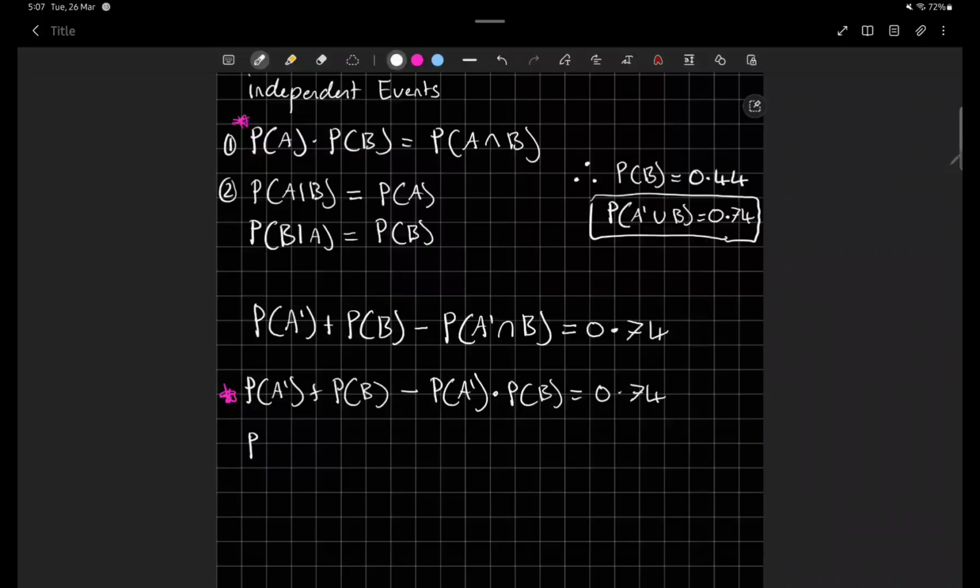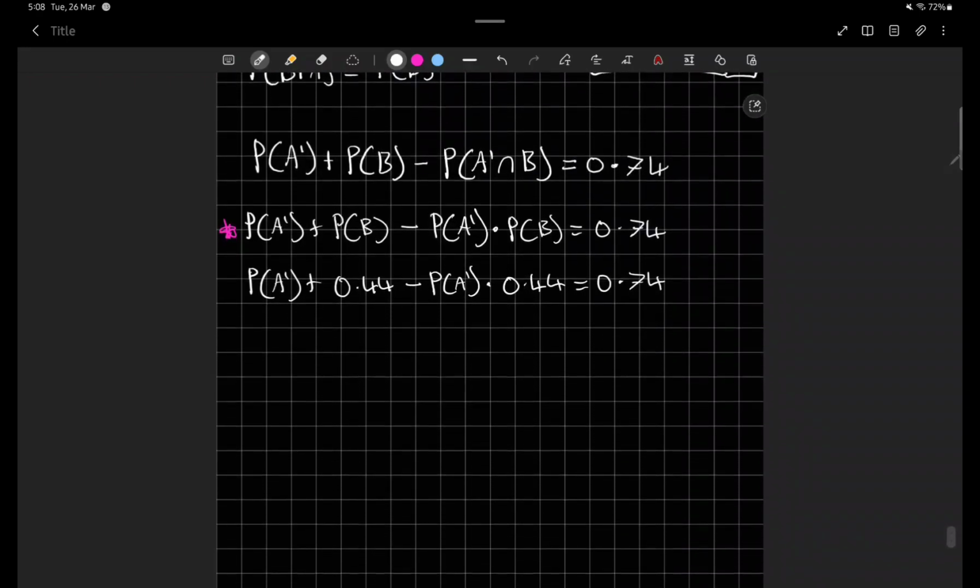The probability of B is 0.44. So it's the probability of A complement plus 0.44 minus the probability of A complement times 0.44 equals 0.74. So now we have more than one value. Before we just had the 0.74, and now we have the probability of the event B occurring, which is 0.44.